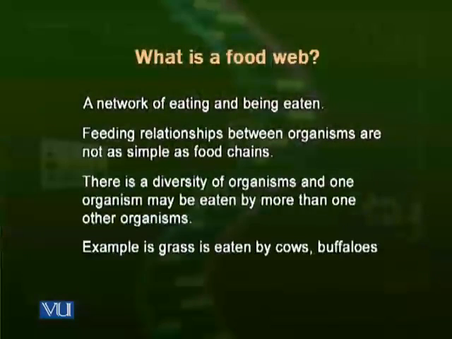So a food web is actually a network of eating and being eaten. We take certain examples of food webs from different types of ecosystems, from a grassland, forest, and aquatic ecosystem. A food web is basically a network of different organisms which have a relationship of eating and being eaten with each other, and these food webs actually consist of interacting food chains.